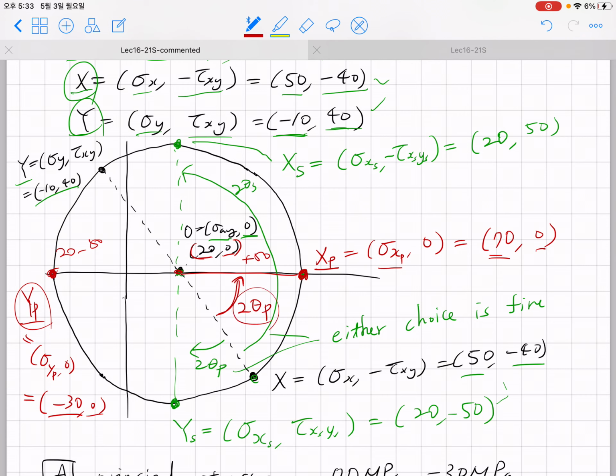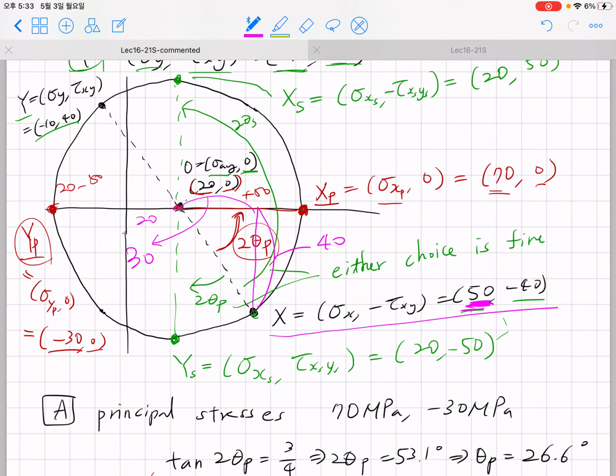And how can we obtain this 2 theta p? 2 theta p can be obtained quite easily. If you consider this, the coordinate of x is 50 and negative 40. You can see that the height is 40, and you have 50 here and 20 here, so the horizontal length is 30.